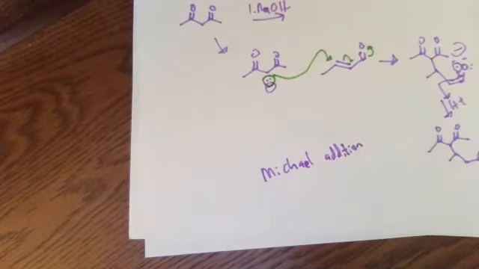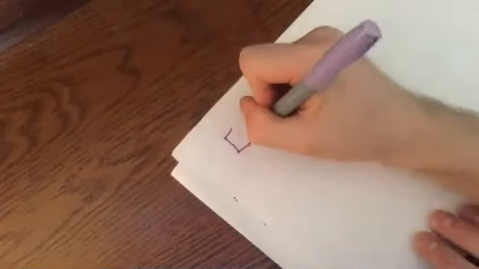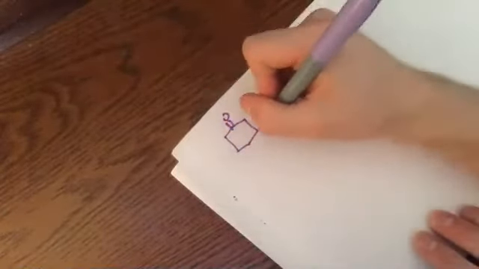Let's do another example with a ring. We're going to see a lot of those when we start doing the Robinson annulation at the end of this lecture today. So if I start with a cyclic diketone instead, same concept.